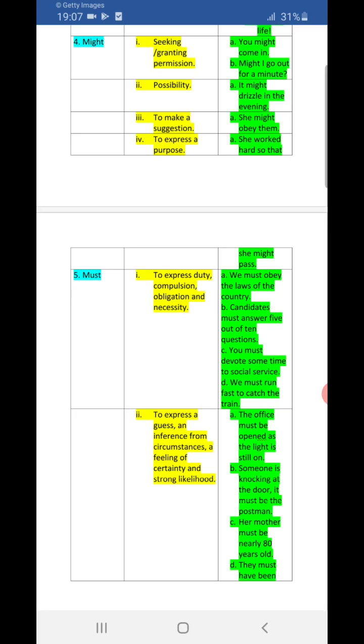So it's our necessity. Next purpose, to express a guess, an inference from circumstances, then a feeling of certainty, and at last, the purpose is strong likelihood.